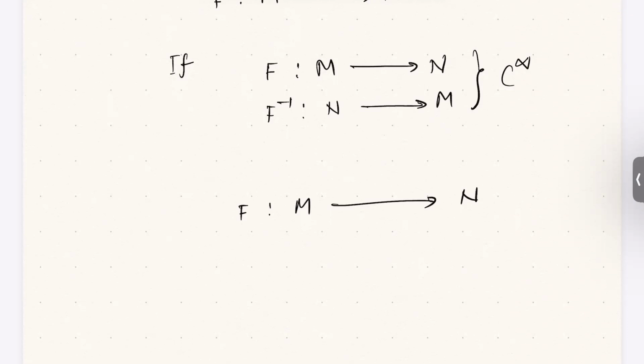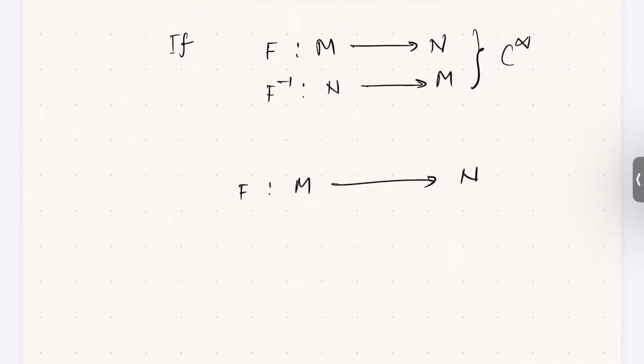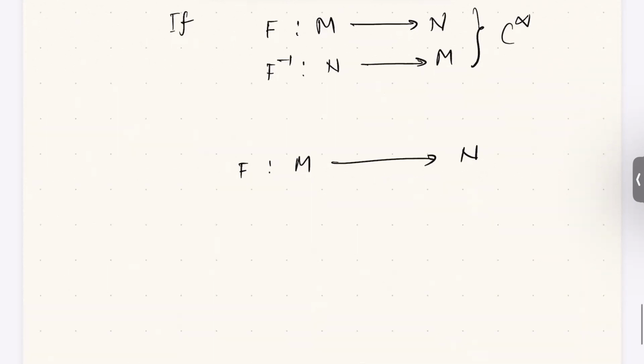I don't know whether this function f is a C infinity map from M to N, but what I know is I have a chart here which is phi, and another chart here which is phi prime. Then this is something like Rn, and this is again something like Rm.